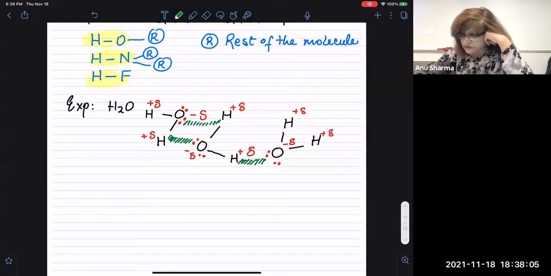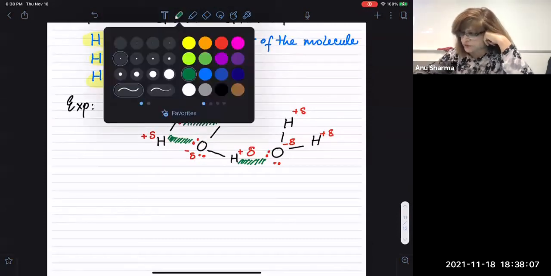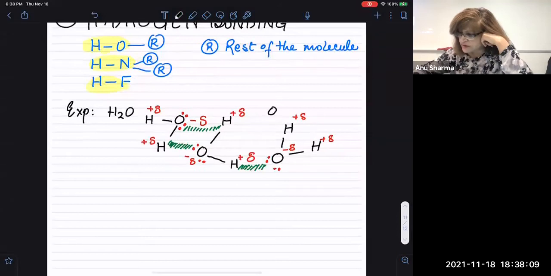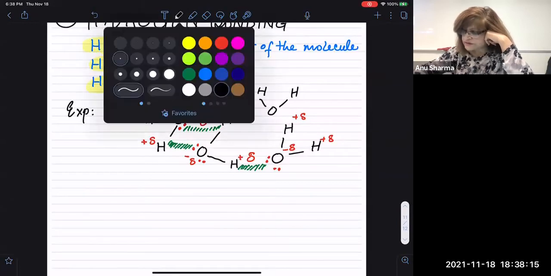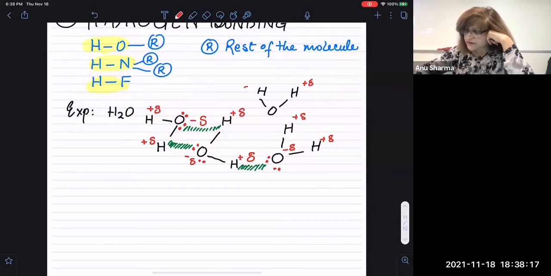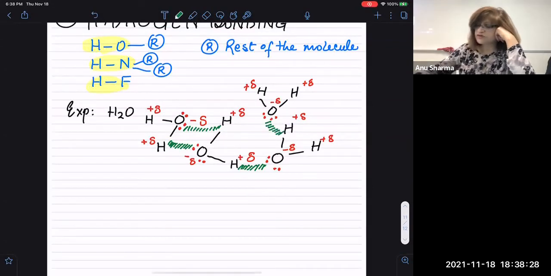Let's do one more here: oxygen, hydrogen, and a hydrogen. Here we see delta positive, delta negative, lone pairs, and this oxygen giving its lone pairs to this hydrogen.